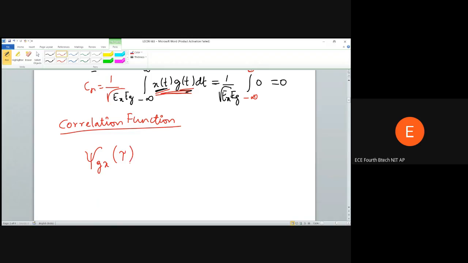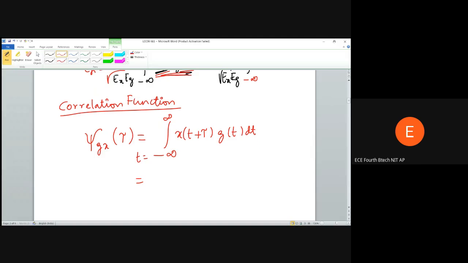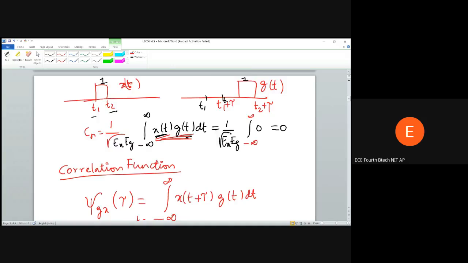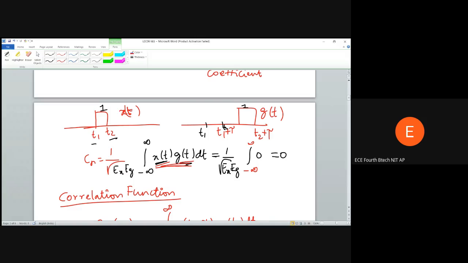Now it is a function of the time delay tau: the integral from minus infinity to plus infinity, with limits for t from minus infinity to plus infinity, of x of t plus tau into g of t dt. This also equals, because it satisfies the commutative property, the integral of x of t g of t plus tau dt. So you calculate the product between x of t and g of t, and every time it will be a function of tau.